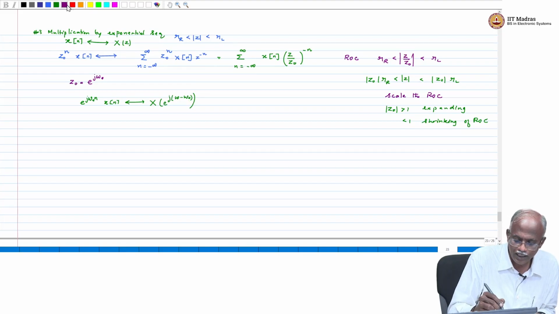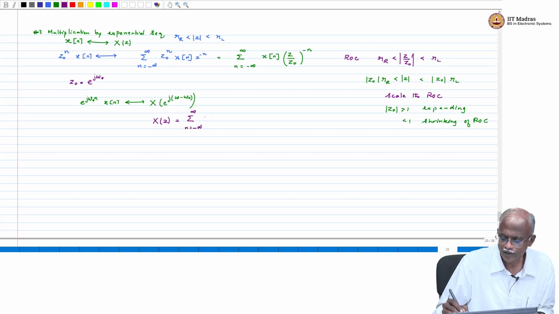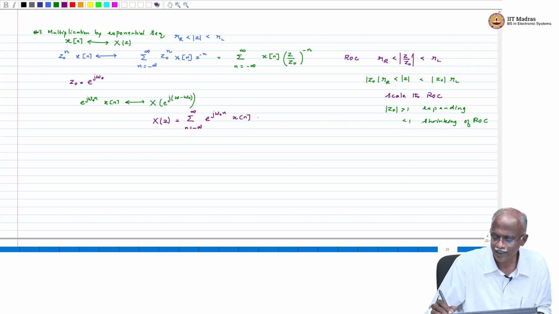Now the same thing if you write down for X of z, it is equal to summation n equal to minus infinity to infinity e power j omega naught n x of n, that's the sequence for which you are computing the z transform, z power minus n. This can be written as summation n equal to minus infinity to infinity x of n, z e power minus j omega naught raised to the power minus n.